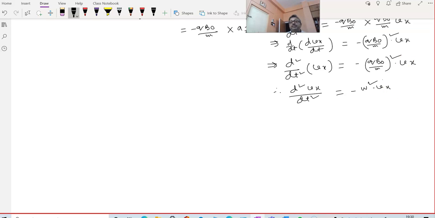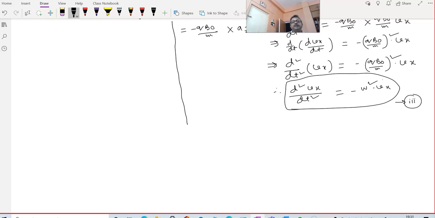So this is the beauty of mathematics, that d square Vx by dt square minus omega square into Vx is there, which is a differential equation like simple harmonic motion. This you take as number 3. Solution to number 3 I will be listing here. If I do side by side, it will be easier.